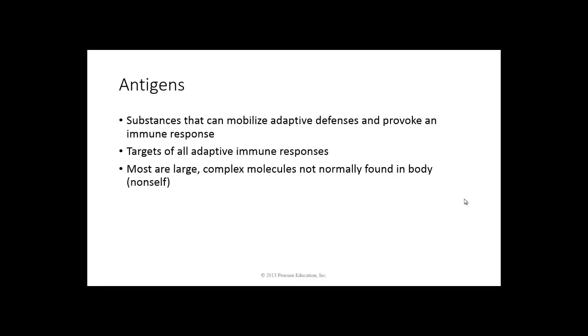Examples of these antigens again are penicillin, poison ivy, and animal dander. Some people are allergic to certain cosmetics or detergents in their laundry. So we really have to be careful sometimes of things that are normally not a problem actually serving as an antigen and stimulating the immune response.